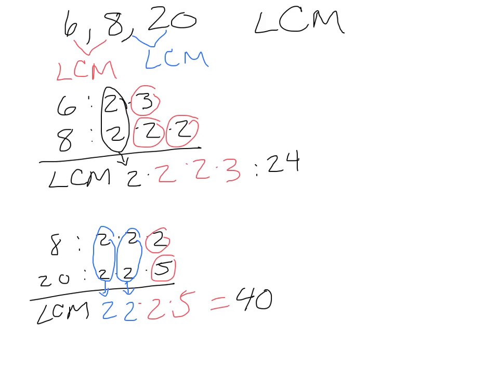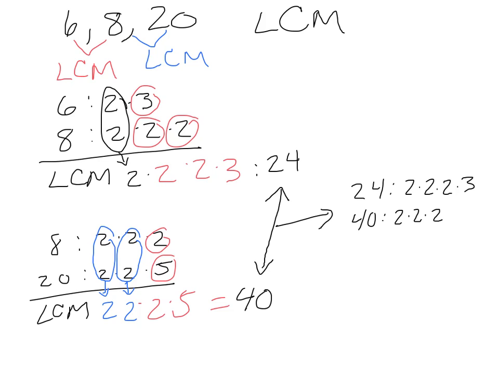Now, if you can't readily find the LCM between these two numbers, you're going to have to find it over here. So let's do that. List the prime factorization for each first. And 40's prime factorization is 2 times 2 times 2, that's 8, times 5 is 40. And here we are, we're on our way.